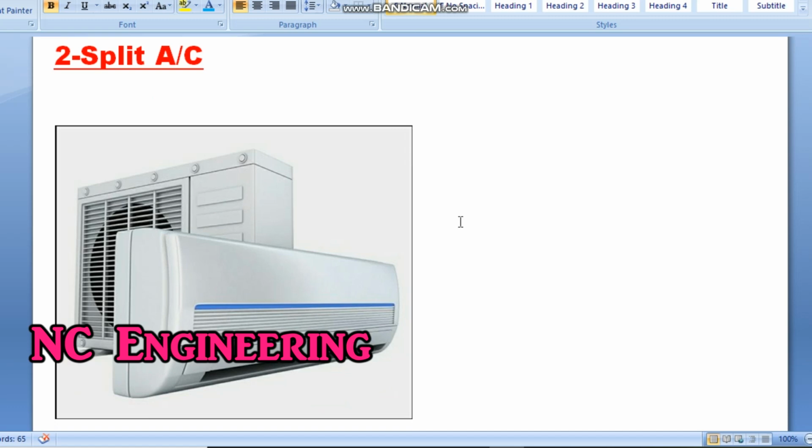One part contains the blowers and cooling coils, and the outdoor unit contains the compressor and the fan for it. The indoor unit is fixed inside the room. The outdoor unit is kept outside the room, on the roof, and these two parts are connected with copper pipes.